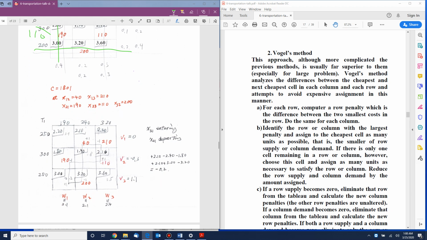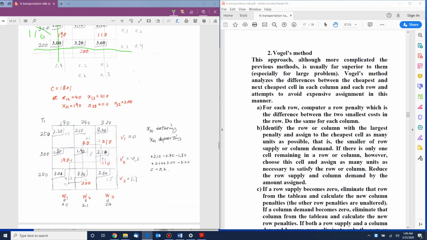Northwest method. But as I said, it depends on the problem. Sometimes it's easier to use the Northwest method, sometimes use Vogel's method, but normally Vogel's method will probably give us the cheapest cost.